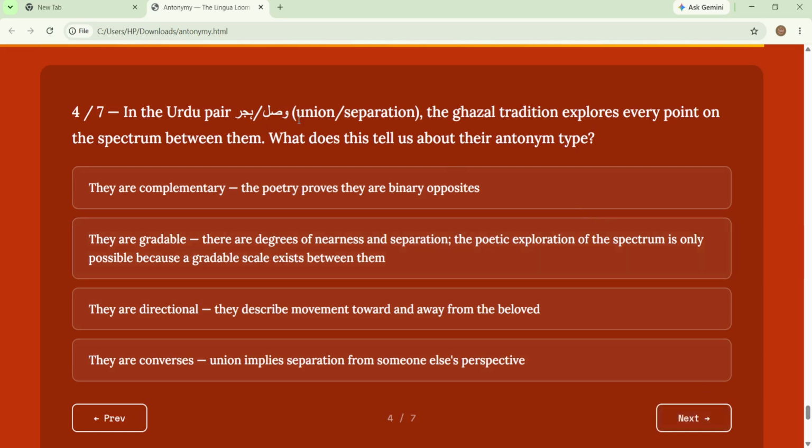So in the Urdu pair wasal and hijr, union and separation, the ghazal tradition explores every point on the spectrum between them. What does this tell us about their antonym types?